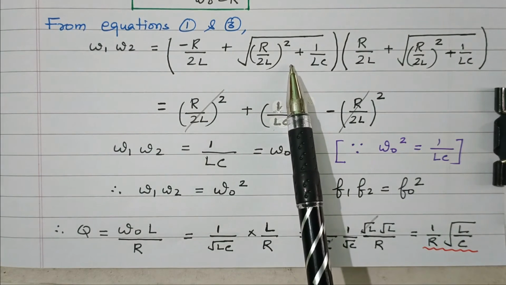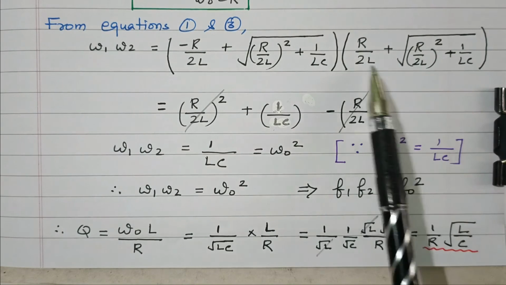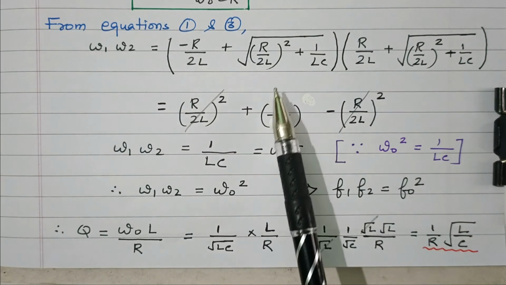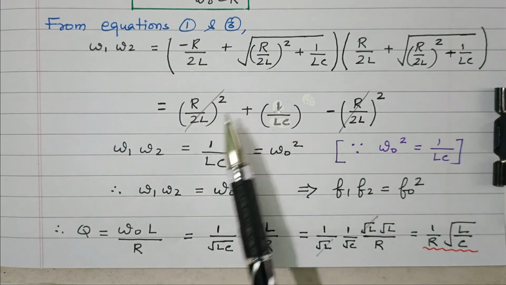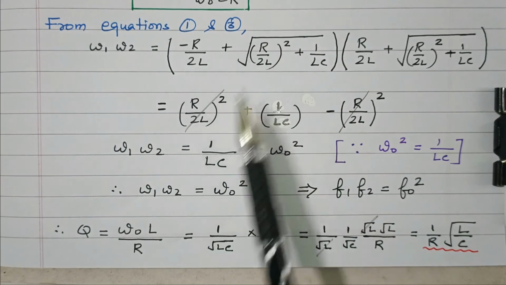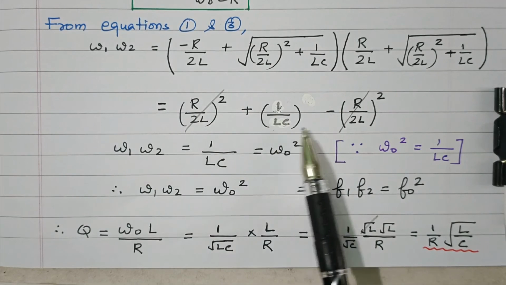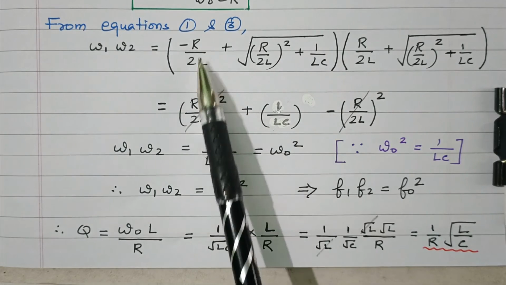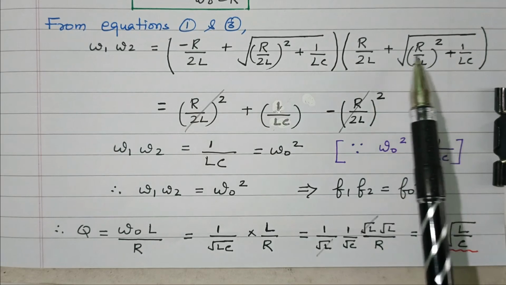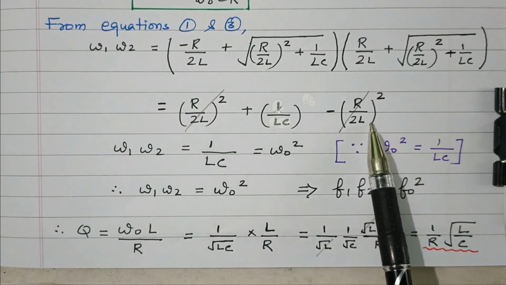So this is nothing but A minus B, and this is A plus B. This term is A and this term is B. A plus B into A minus B is nothing but A square minus B square.